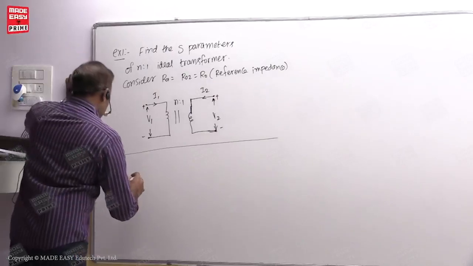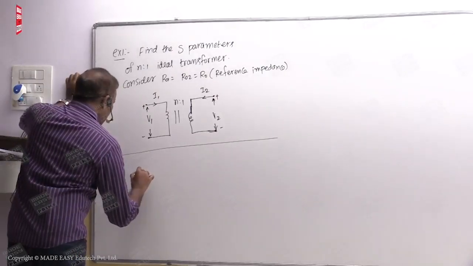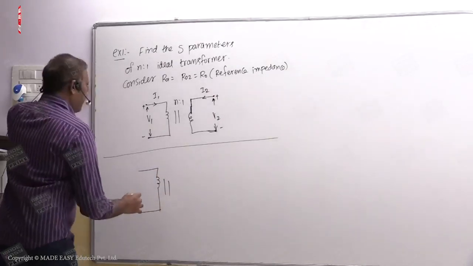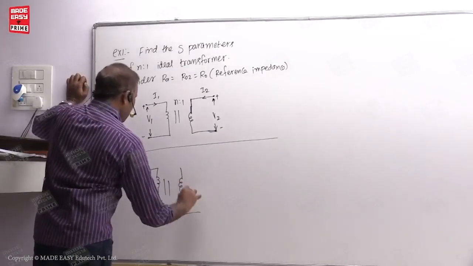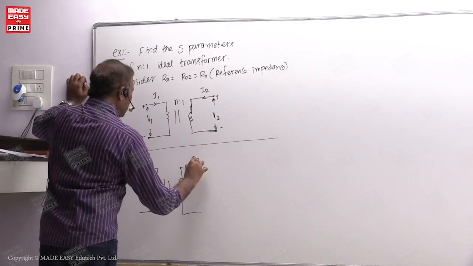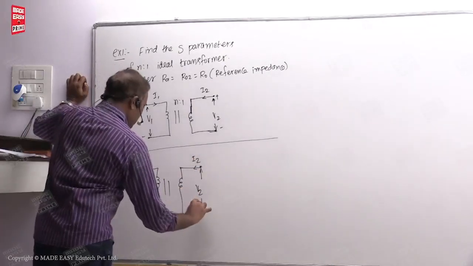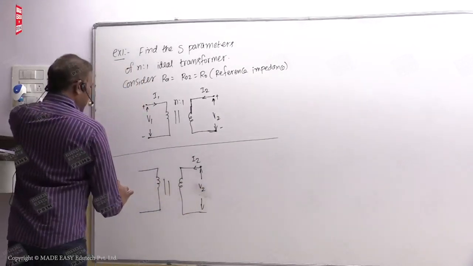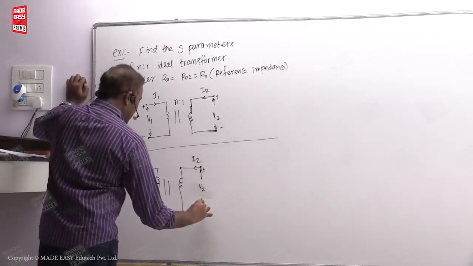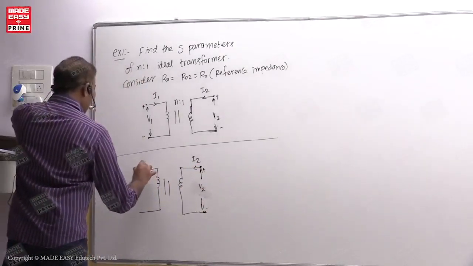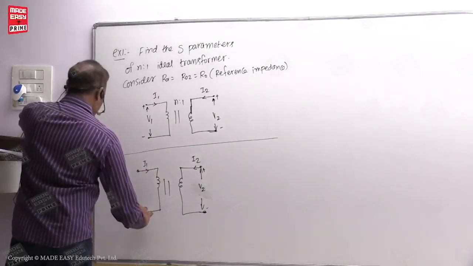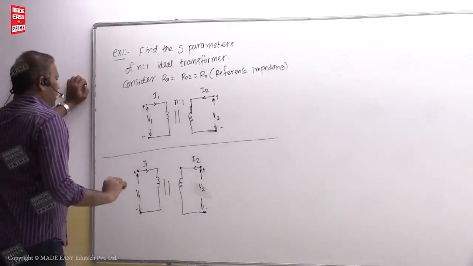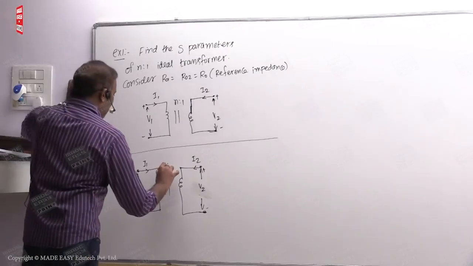After redrawing the diagram like this, this is I2 and this is V2, this is V1, and this is I1, and this is n is to 1.